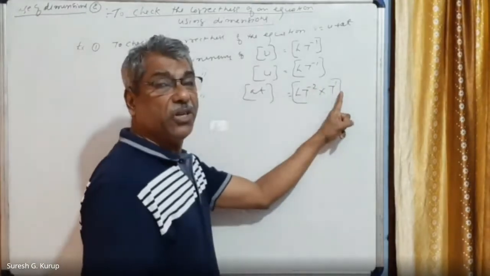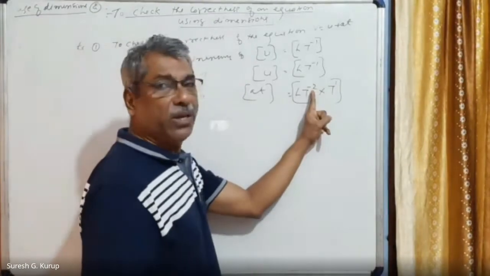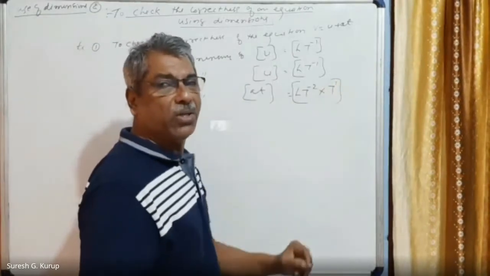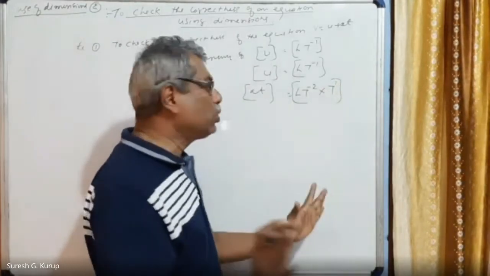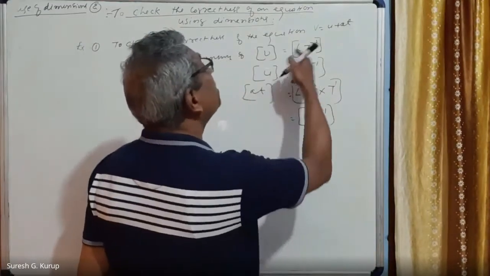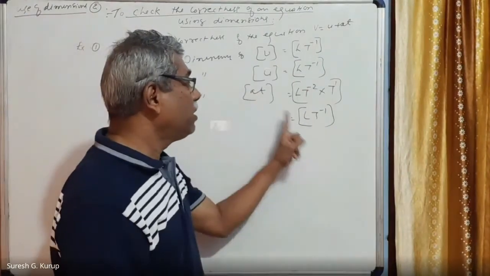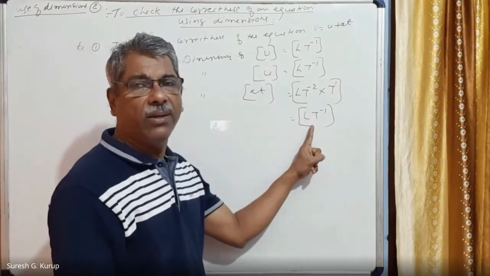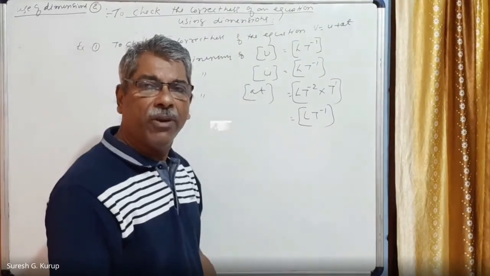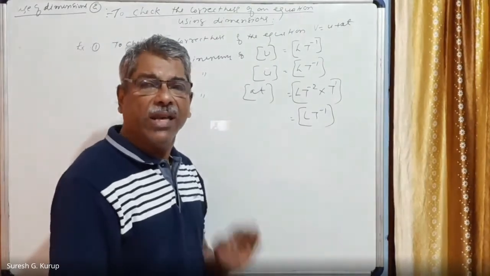A^m into A^n is equal to A^(m+n). In this case, m is -2 and n is +1. So -2 plus 1 is equal to -1. Therefore, this is equal to LT^-1. So the first term is LT^-1, the second term is LT^-1, and the third term at is also LT^-1. So we can say that all the terms of a possible physical event must have the same dimension.